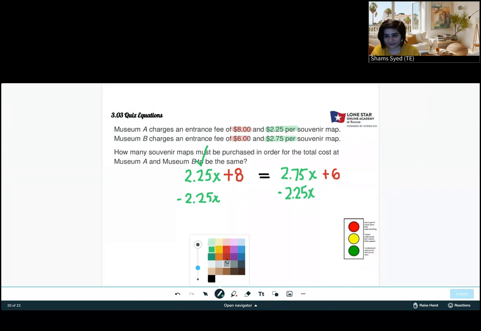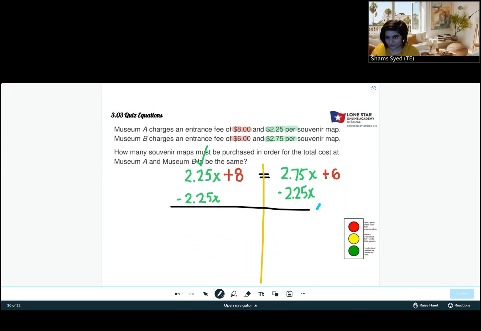Let's see. And we got rid of 2.25x. Here we're going to be having 8 equals, subtract these values, use a calculator, you'll probably get 50 cents. You get just 50 cents or 0.50x plus 6.